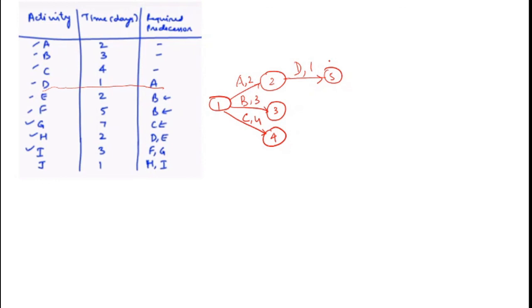Now if we notice that for activities E and F, the required predecessor is B for each.